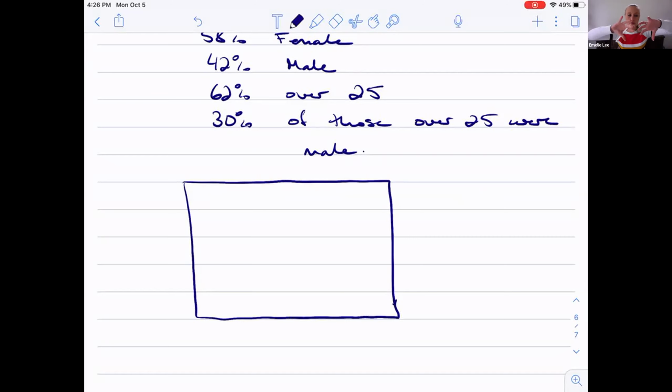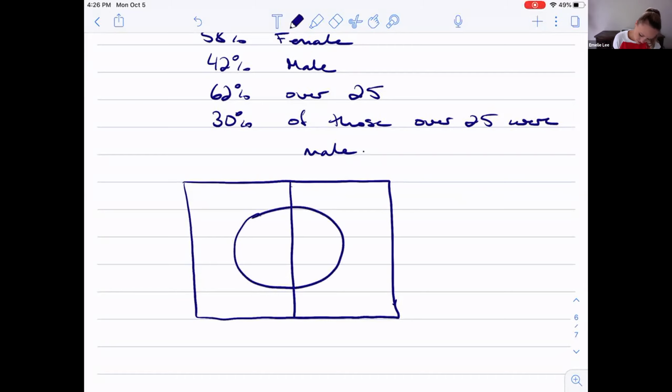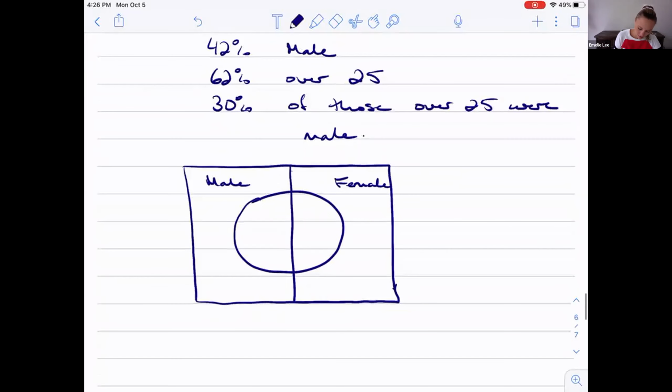Usually we'd have a male-female circle, but because we're assuming that it takes up all the possibilities, in this circle, maybe I'll do this. Over 25.